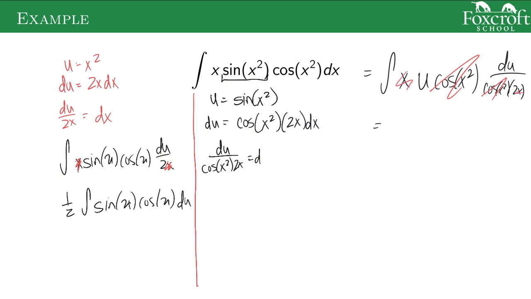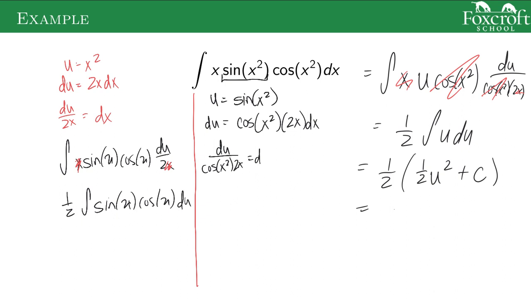So I saw that 2 that didn't cancel out, so I get 1/2 antiderivative of u du. Antiderivative of u is u squared, divided by 2 is 1/2. And I can multiply those together to get 1/4 u squared plus c. And then u was sine of x squared, so it's 1/4 sine of x squared squared. And that would be my final answer.